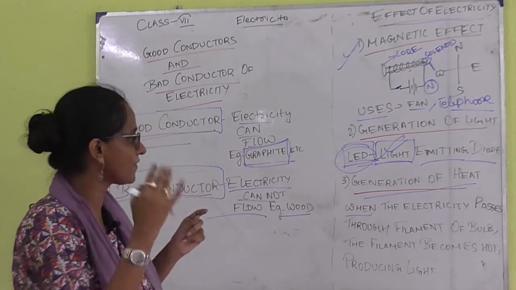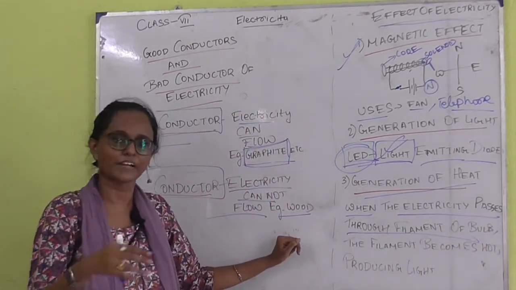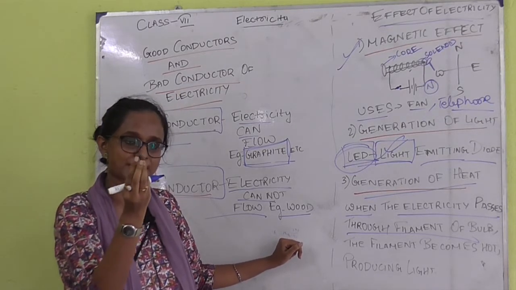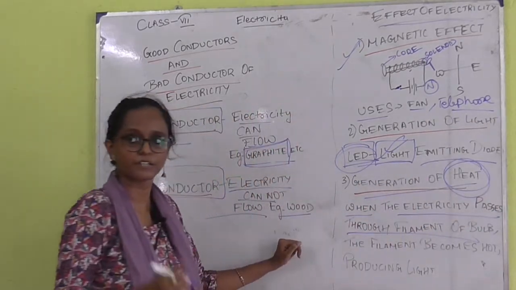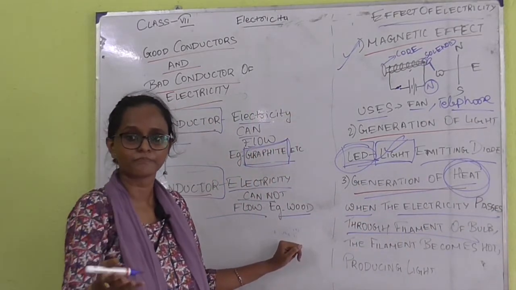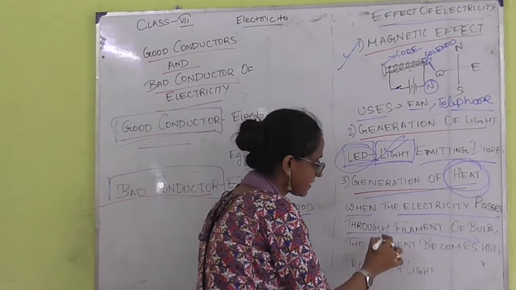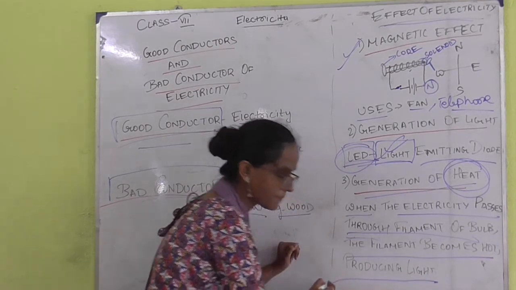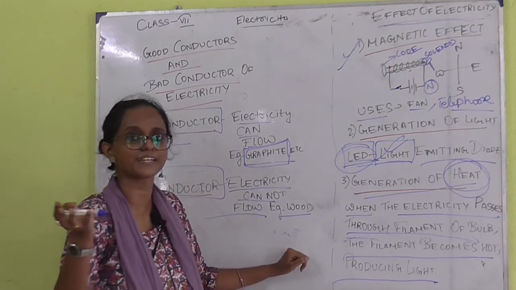Whenever the electricity passes through the filament of the bulb, the filament gets heated up. That is why it is the generation of heat. Then, whenever the filament becomes hot, it starts producing light.